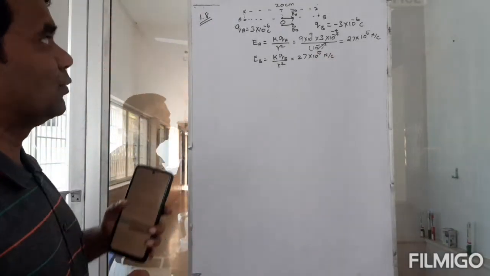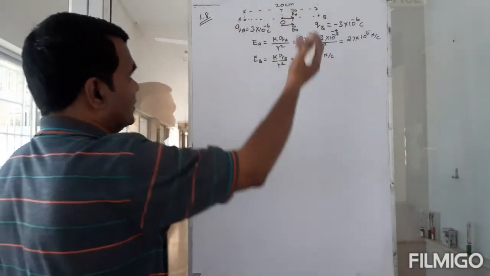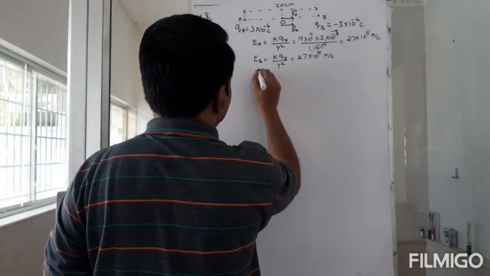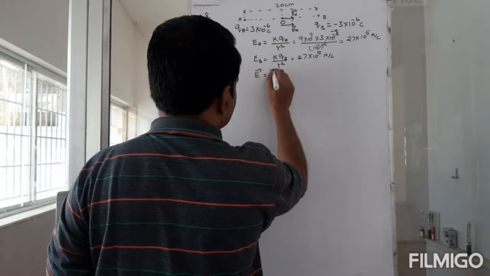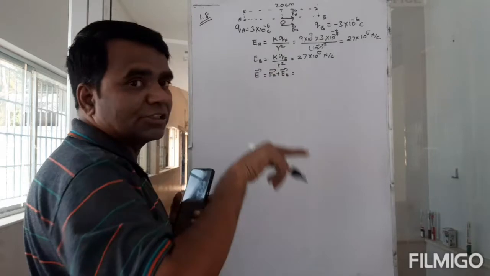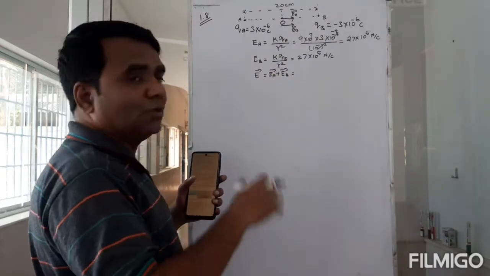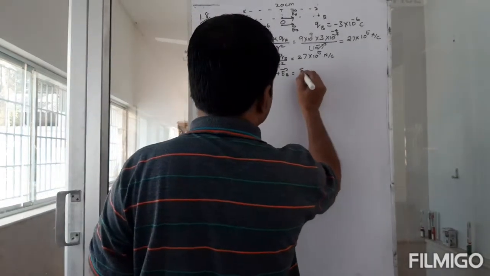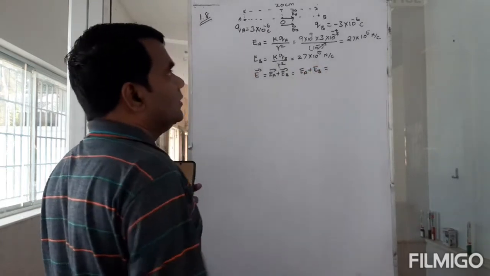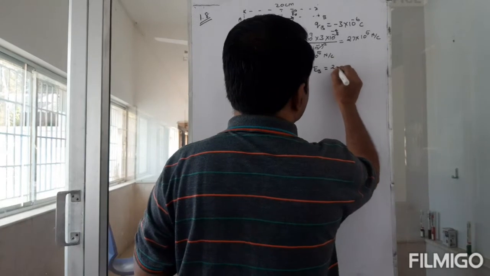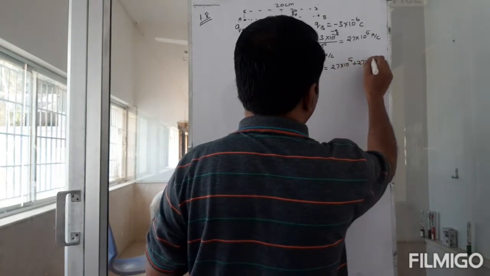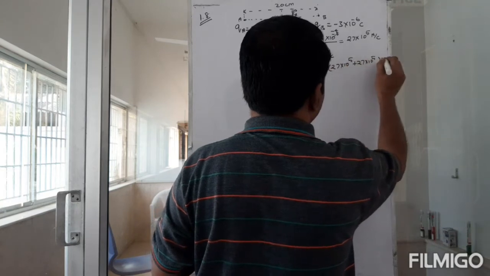But what is the net E field? The net E is equal to EA plus EB, and both of them are in the same direction. So I can simply say it is EA plus EB, which will be 27 into 10 power 5 plus 27 into 10 power 5 Newton per Coulomb.